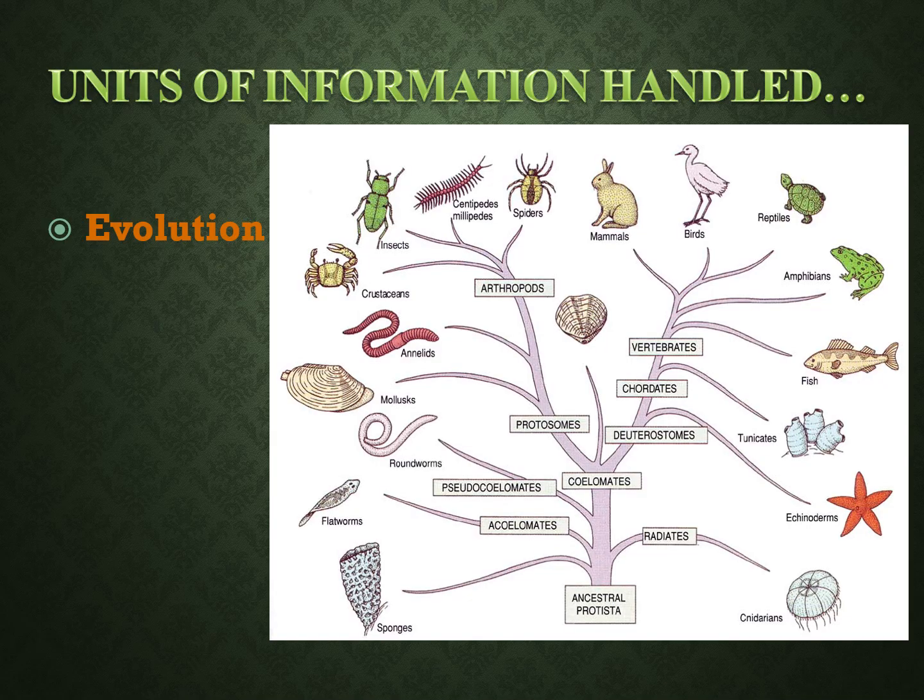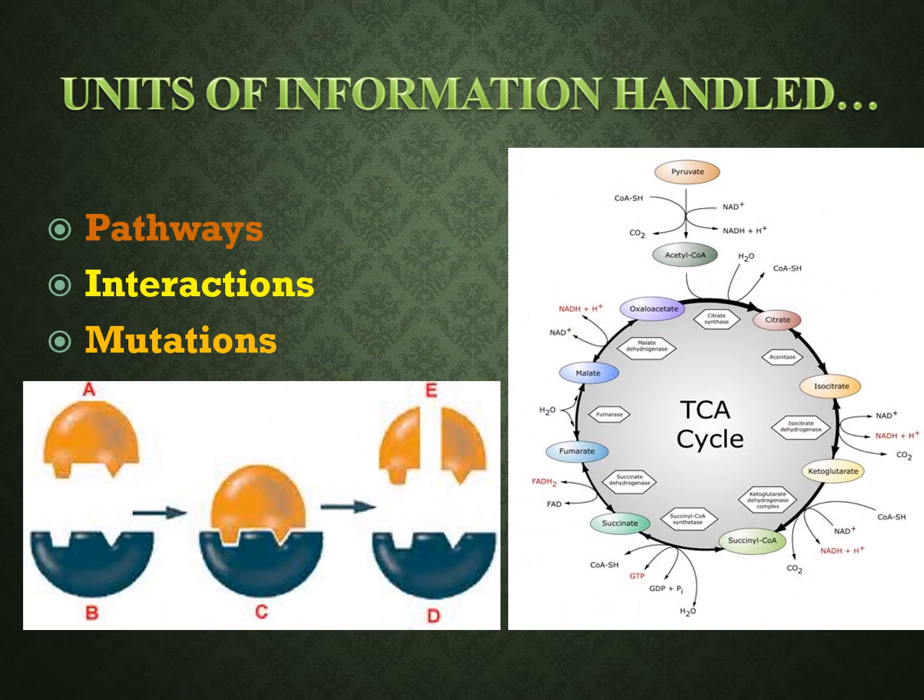The next important unit of information that is handled is evolution. All the information related to evolution is so important that we would like to handle it better. We also have other interesting information units that are handled in bioinformatics, such as pathways or interactions existing between the proteins involved, or protein-DNA, or protein-RNA, or probably with other molecules, and what kind of mutations are affecting these units.